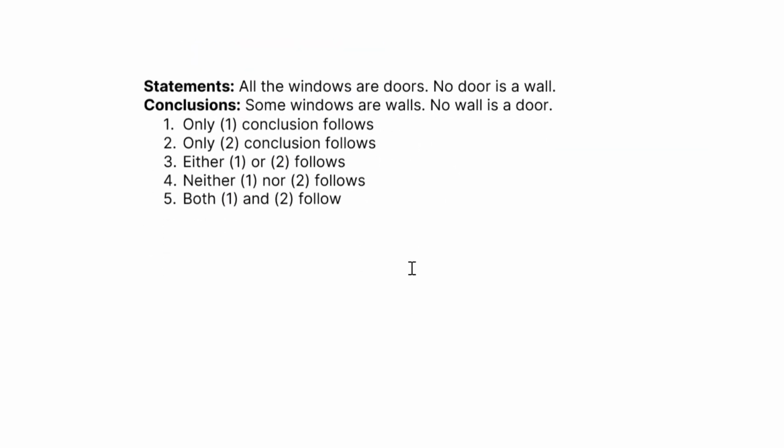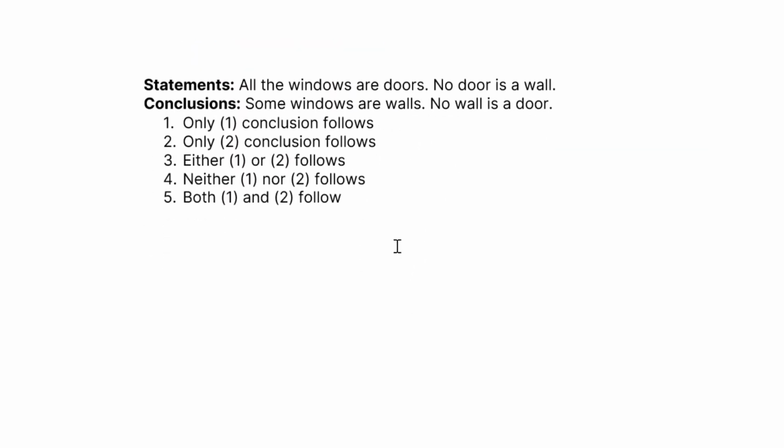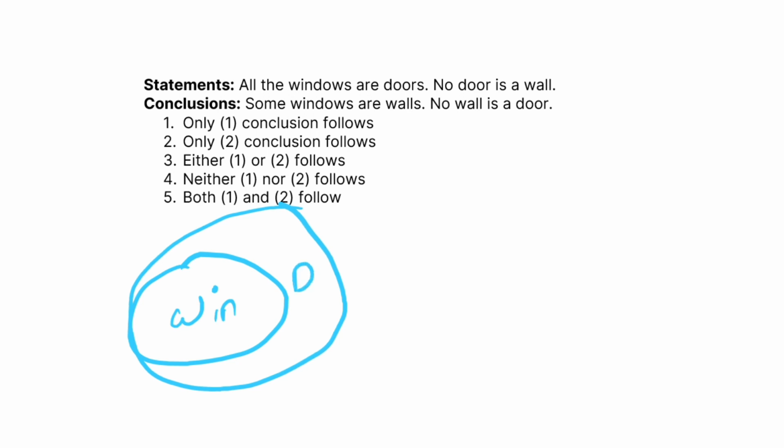Next question. All windows are doors, no door is a wall. Okay, so we need to draw the Venn diagram like this. All windows are doors, no door is a wall. So there is no relation.